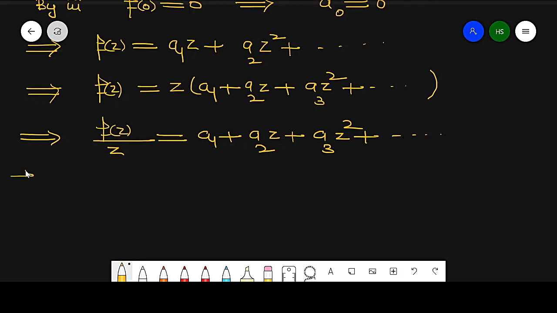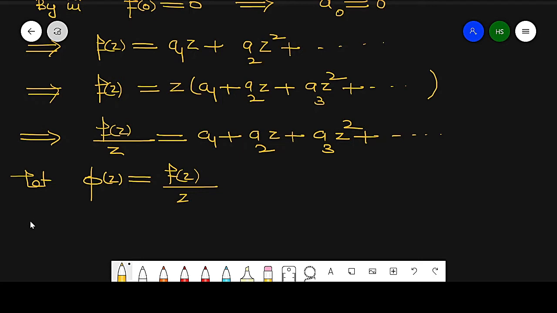Now if I write this function phi(z), which is f(z) by z, clearly it is analytic.